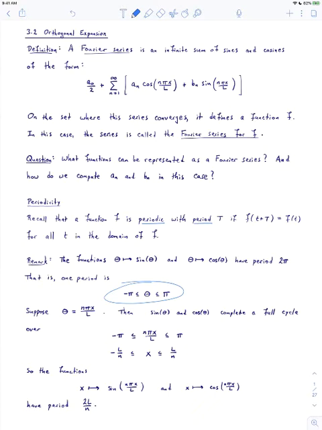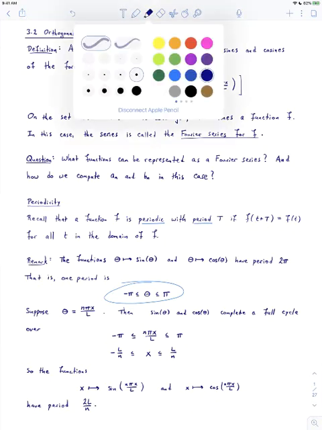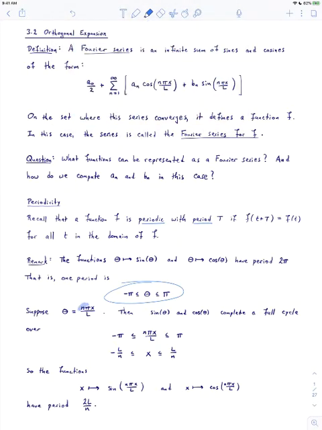Suppose that theta is equal to n pi x over L. Now, of course, that's not randomly selected. This n pi x over L is the same n pi x over L we see in the Fourier series. Then sine of theta and cosine of theta complete a full cycle when theta goes from minus pi to positive pi.